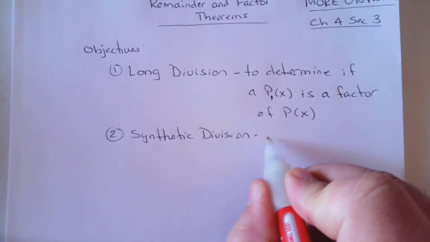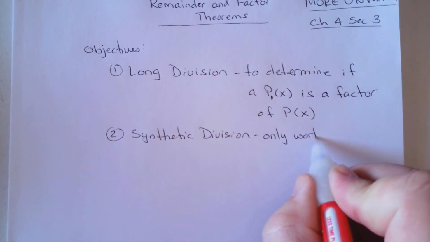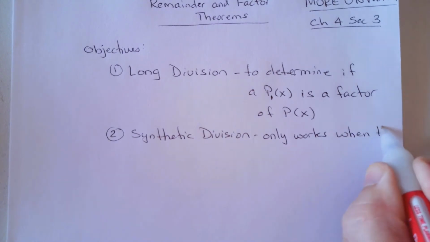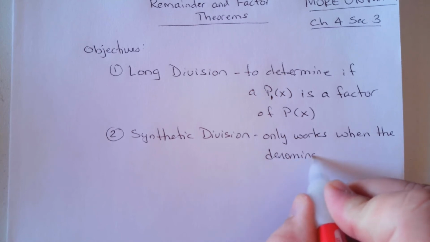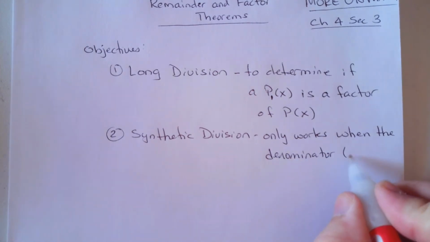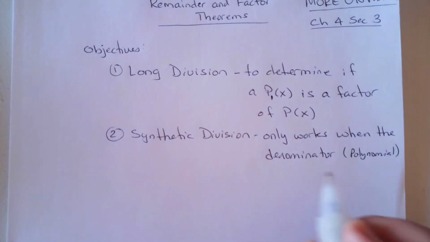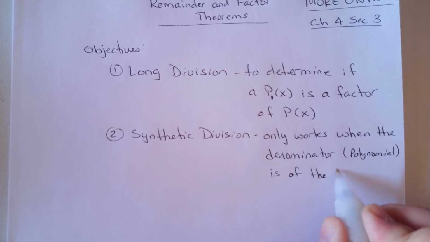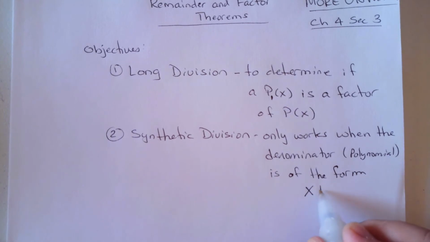But there's a limitation: it only works when the denominator polynomial is of the form x plus or minus some number.